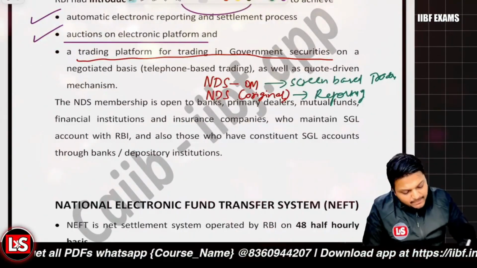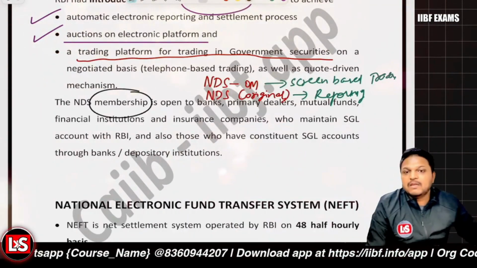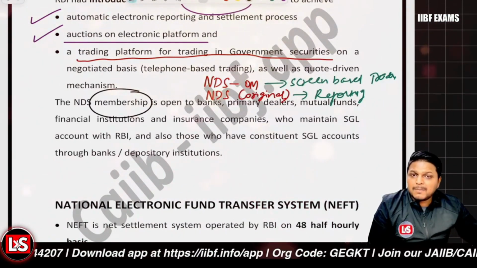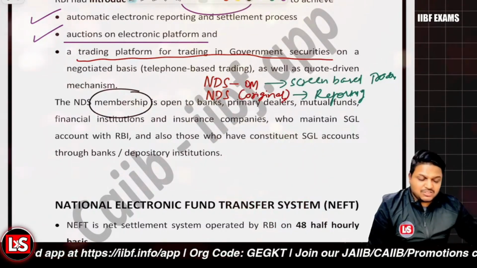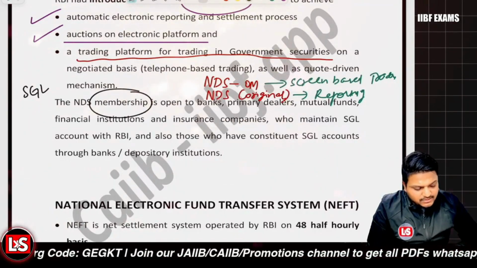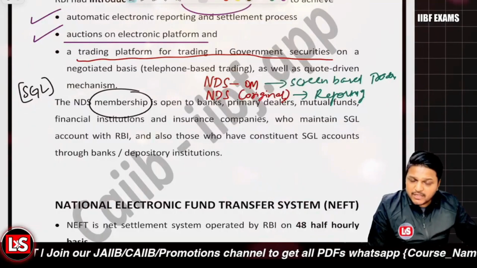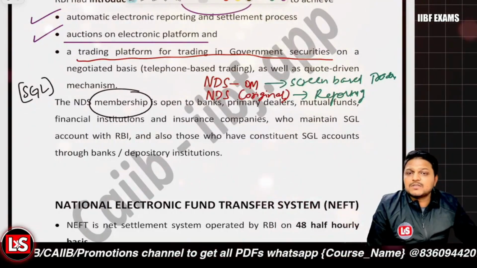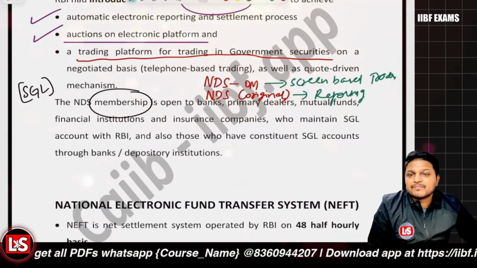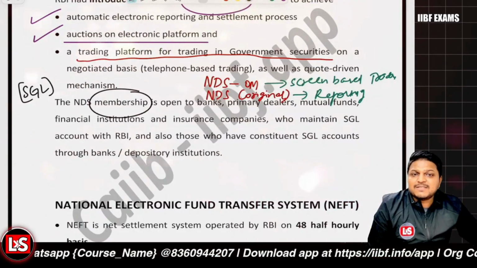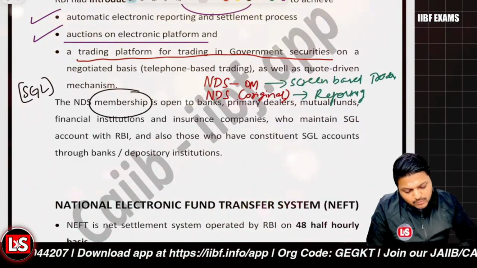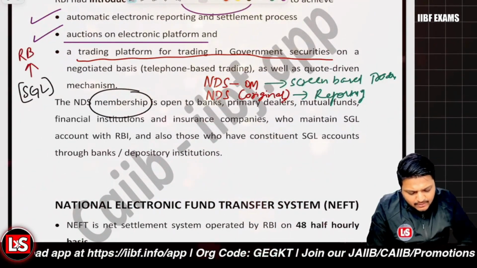And if we talk about the membership, eligible entities must be maintaining an SGL account, that is subsidiary general ledger account, or a CSGL account with the Reserve Bank of India. So the banks, primary dealers, mutual funds, insurance companies will be eligible for this. Clear with it? SGL is an account directly maintained with the Reserve Bank of India.